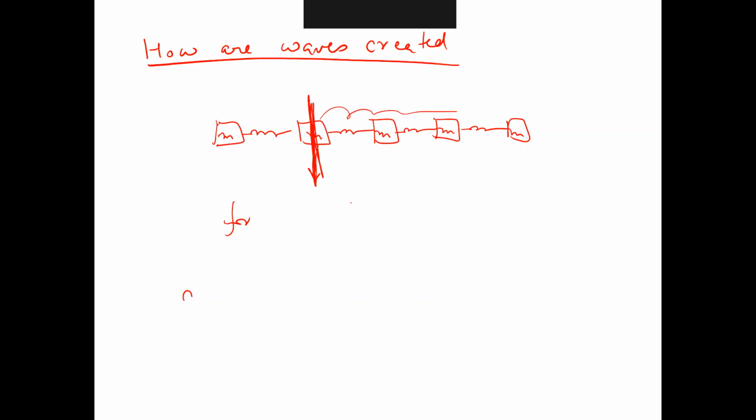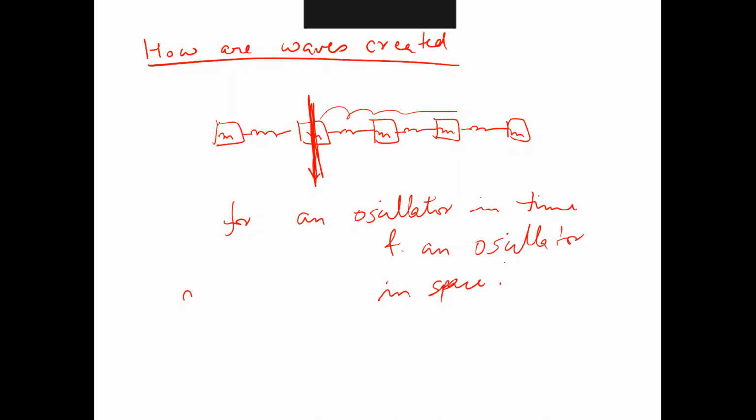For waves to be created, there always has to be an oscillator in time and an oscillator in space. A wave is propagation of energy without propagation of the matter through it.